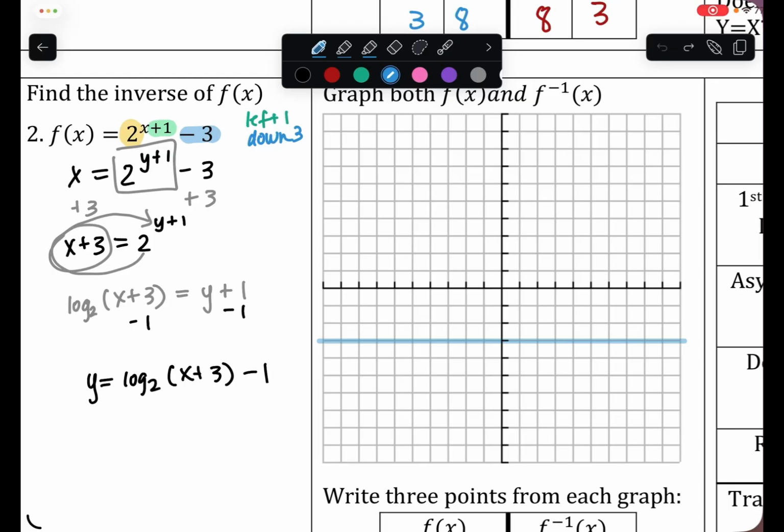In this case, it's shifted left 1. Okay, my next point is going to be the base of 2, and then my next point is going to be 4, base squared. Okay, and so there's my exponential function.